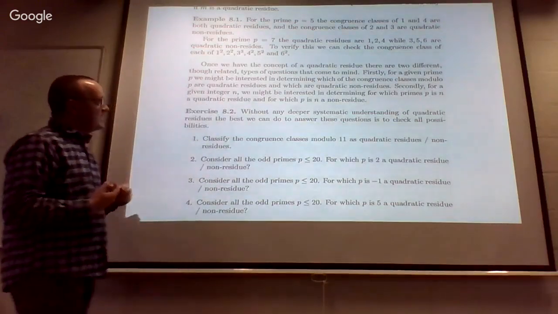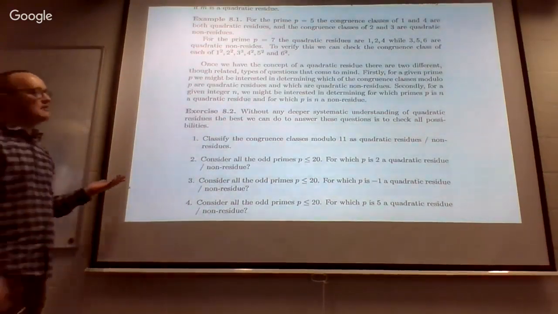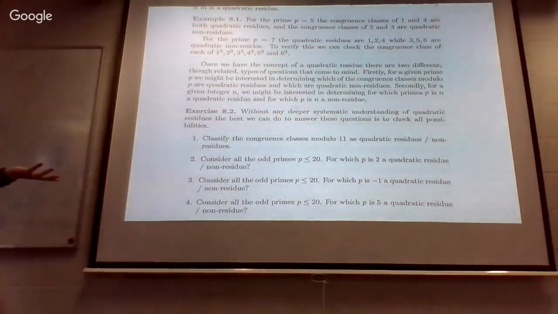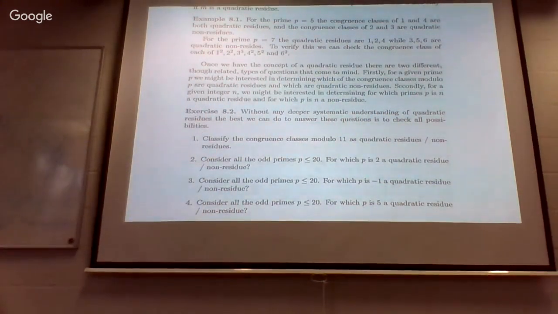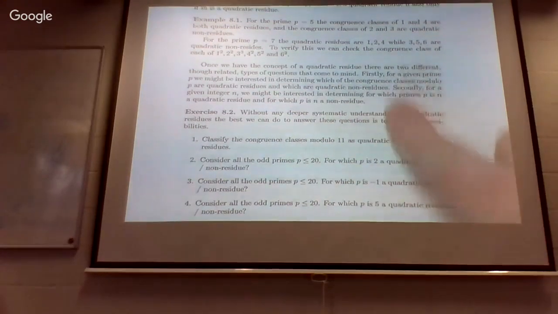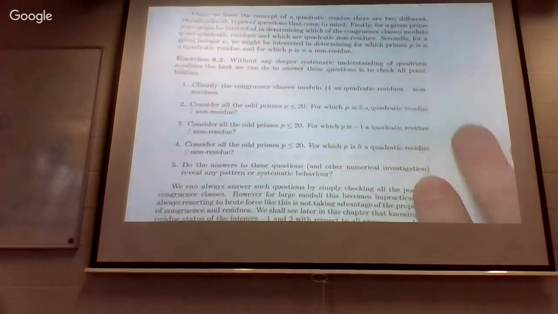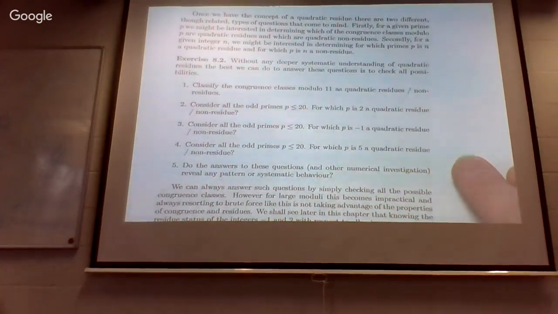For a given integer n, we might be interested in determining for which primes p is n a residue, and for which primes is it not a residue. Is it a quadratic non-residue? These are the kind of questions we want to be able to understand in this chapter.